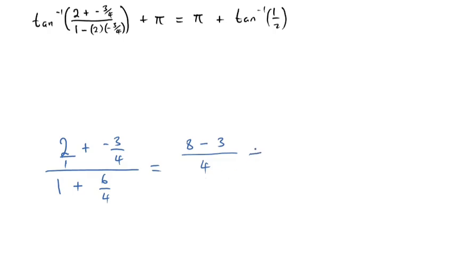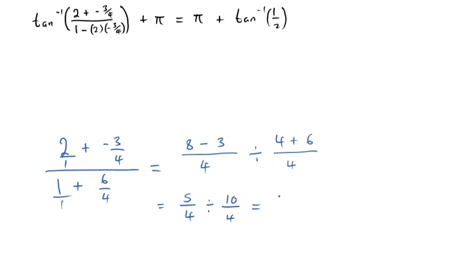Then this is divided by, for these two, this is 1 over 1. The LCM again is 4. So 1 into 4 is 4, 4 times 1 is 4. Plus 4 into 4 is 1, so we get a 6. So this will be 5 over 4 divided by 10 over 4.